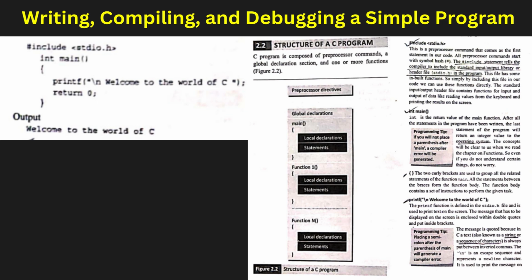Now writing, compiling and debugging a simple program. Writing a program involves defining its logic, choosing the right syntax, and structuring the code efficiently. In a language like C, the first program is usually Hello World. After writing the code, it must be compiled into machine code using a compiler. If errors exist, debugging is required to find and fix them.